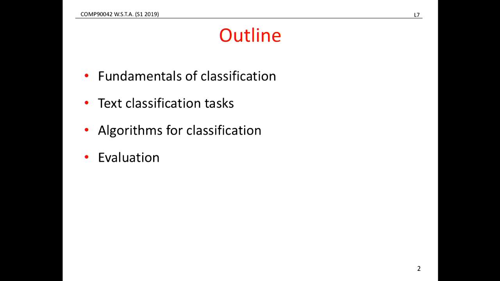So today what we'll talk about is the fundamentals of classification, and in particular the classification tasks. So various tasks that are useful within language processing that can be framed as this kind of classification scenario, where we're given an input and we have to predict a label. The input might be a document, a sentence, or various other textual units. I'll talk about a few different algorithms for classification.